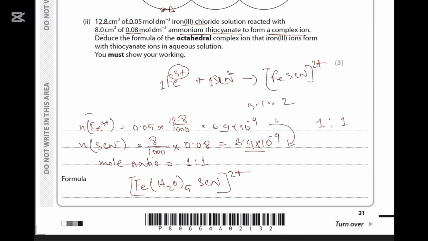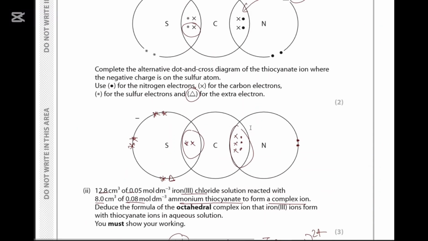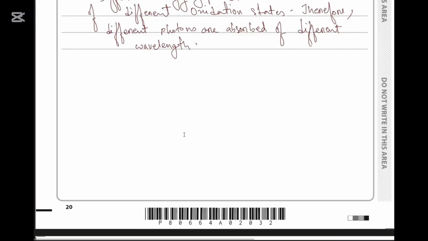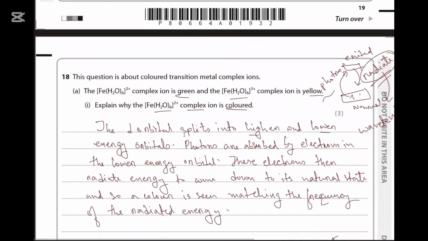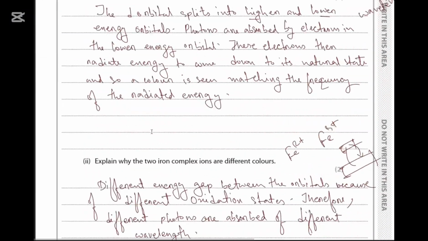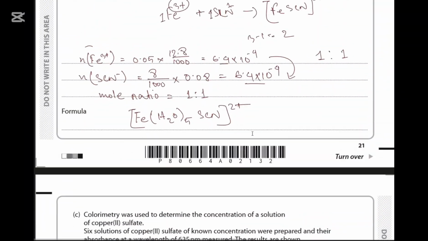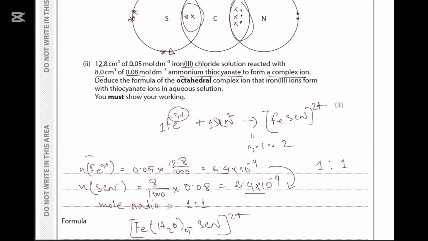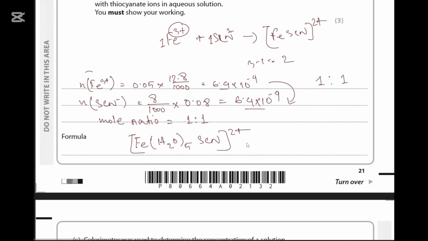Initially I had six water molecules bonded with the iron. Since one thiocyanate ion has been added, it will displace one water molecule. So there will be five water molecules left, and this will be the required ligand.